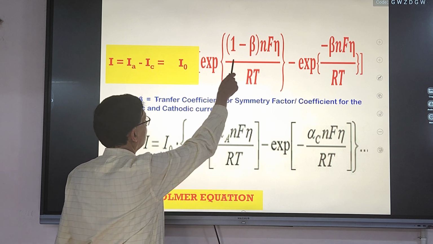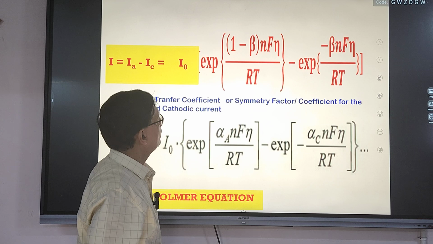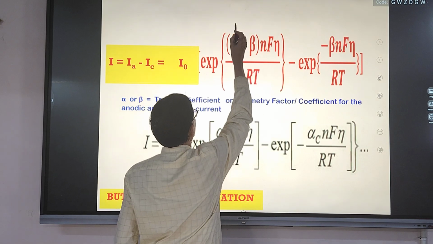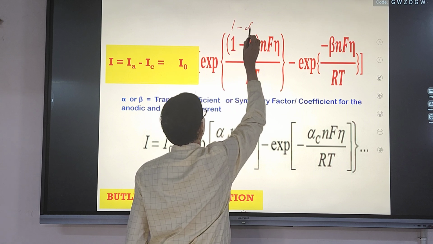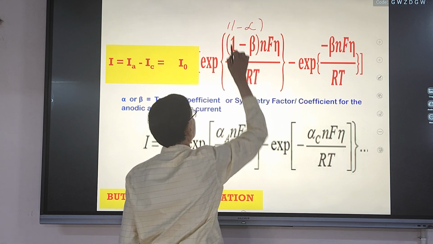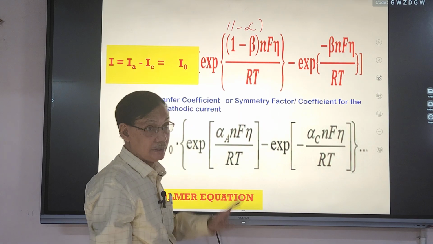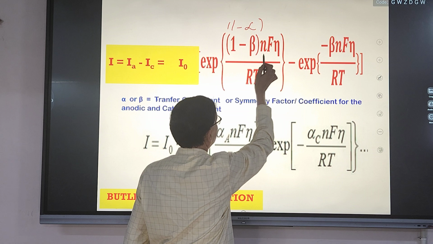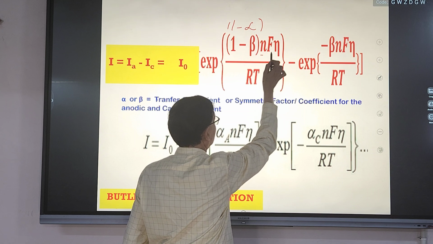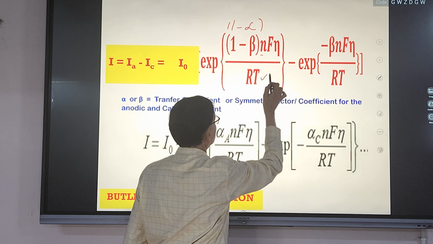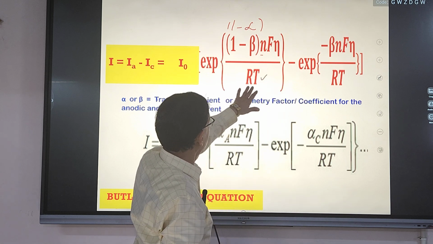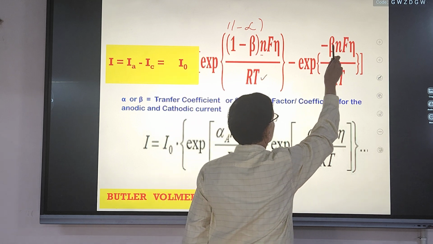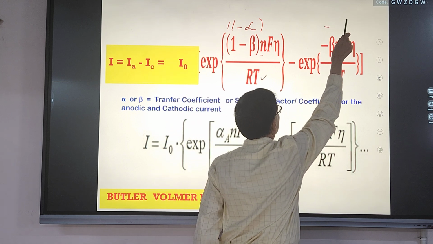And in place of 1 minus beta, somewhere you can also write 1 minus alpha. Absolutely no problem. It is given in the books of Atkins, 1 minus alpha. Then this is nF, or you can directly write nF and F by RT. R is the universal gas constant, T is the temperature, F is the Faraday constant. And here also, in place of beta, you can write alpha.